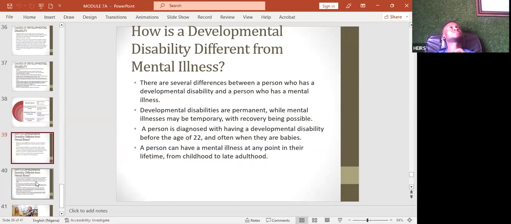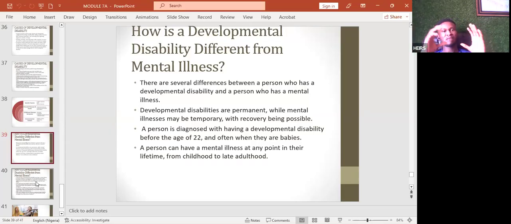There's a lot of misconception that developmental disability, especially intellectual disability, is not different from mental illness. And that's why we said that mental retardation as an explanation for intellectual disability is kind of offensive, because the only way many people describe a mad person in English is to say he is mentally retarded.